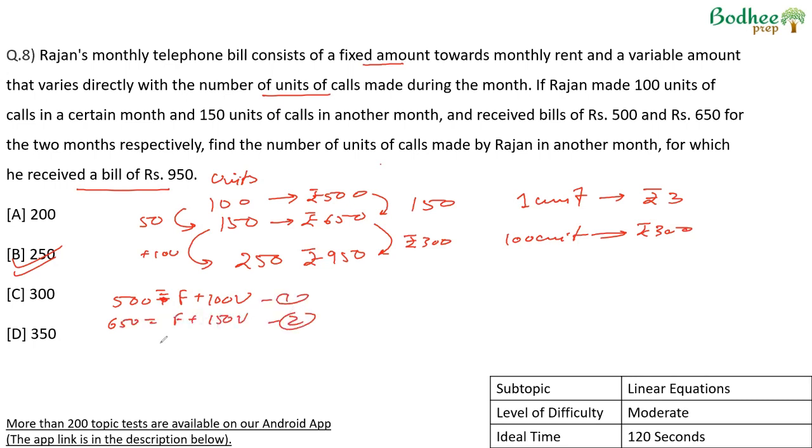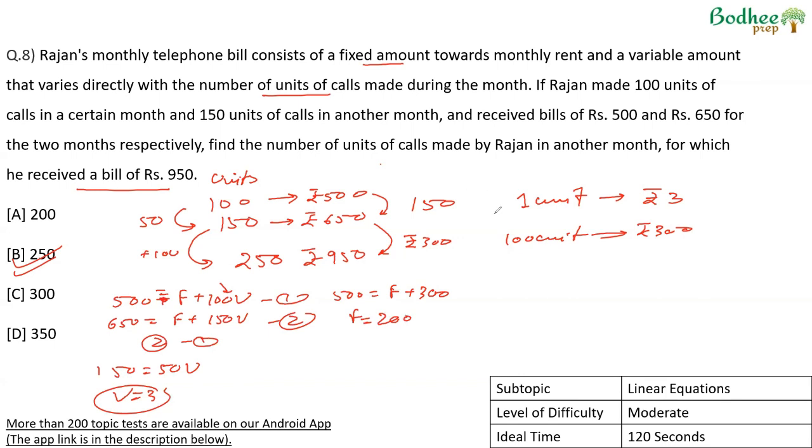Equation 1, equation 2. 2 minus 1 gives me 150 is equal to 50V. So V comes out to 3, something that we calculated. Putting the value of V as 3 here, we will get 500 is equal to F plus 300. So F comes out to 200.